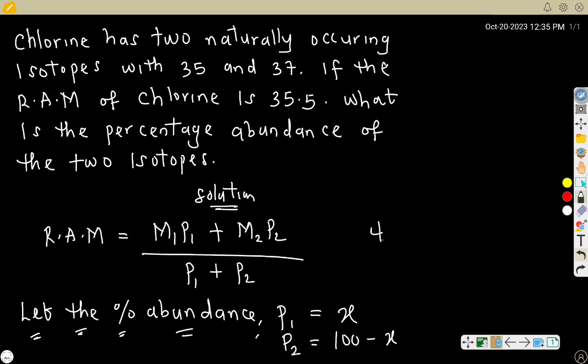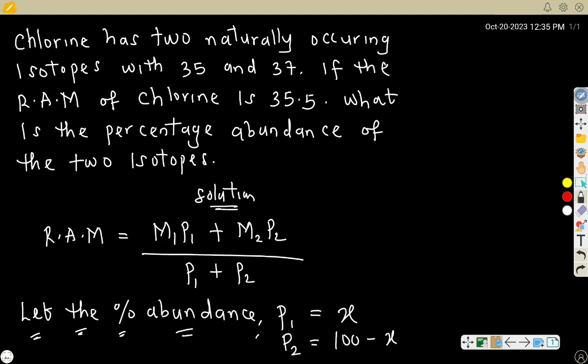So if P1 is 40, for example, P2 will be 100 minus 40, that will be 60, so that the sum of the two must be 100. But because we don't know P1, we say let P1 be X, so P2 will be 100 minus X.